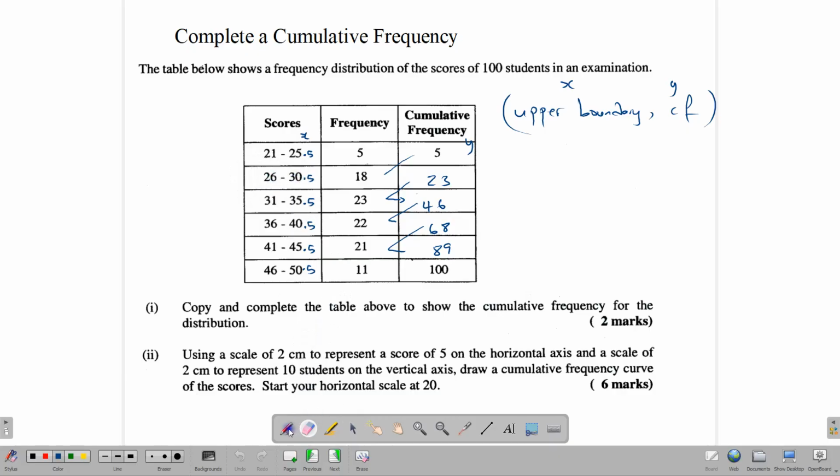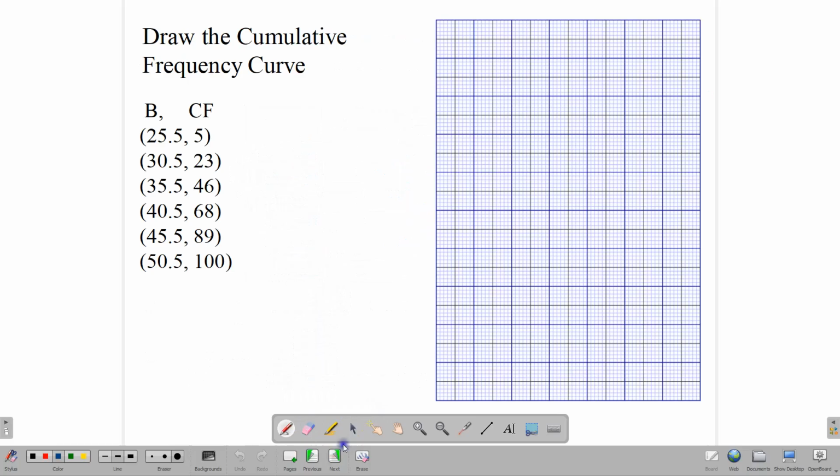So we can start our curve at 20. Just put a little break here and start at 20. So 2 centimeters to 5, that gives us 25 here. And then 30 and 35 and 40 and 45 and 50.